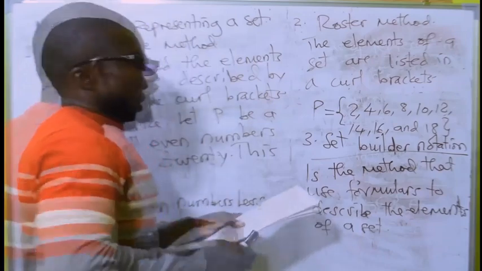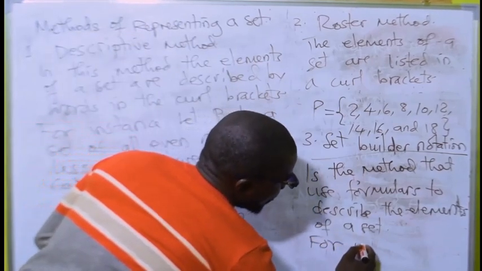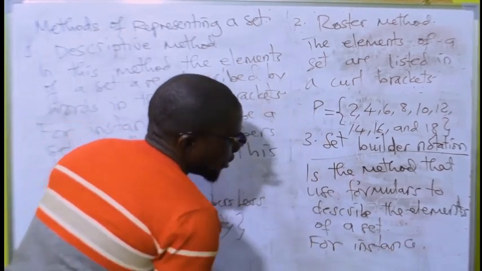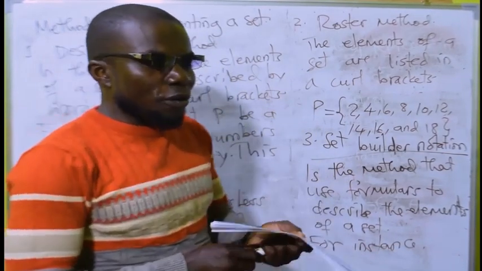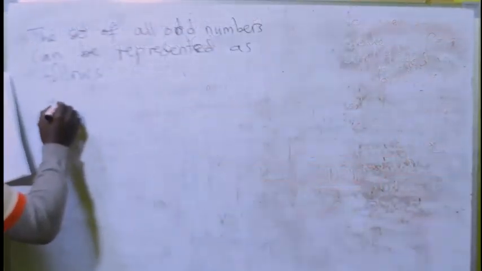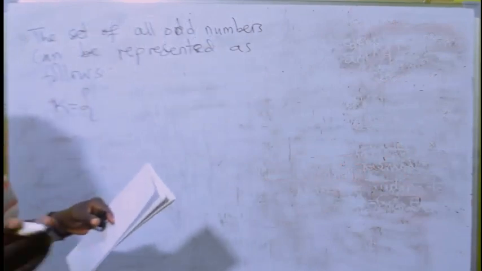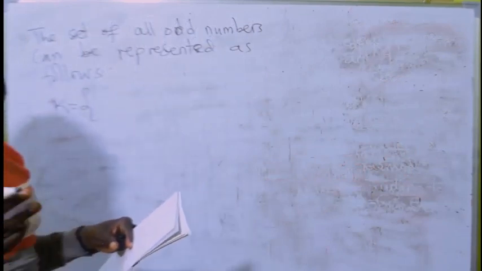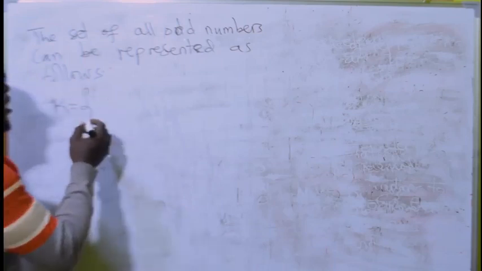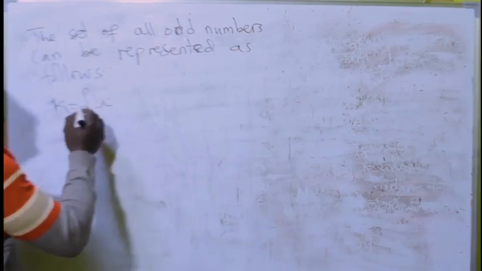For instance, we can say the set of all odd numbers. How can we write it? Let us say that set is K. I have decided to call that set of odd numbers K. Therefore, we write the letter, and I said that the common letter for this form of representing it is x.